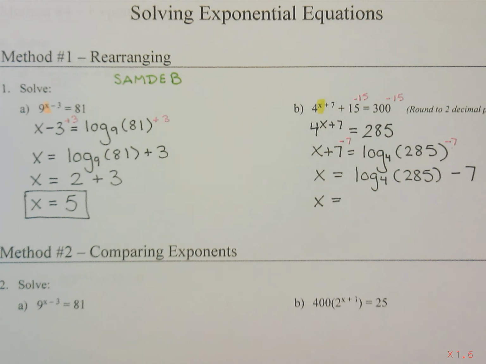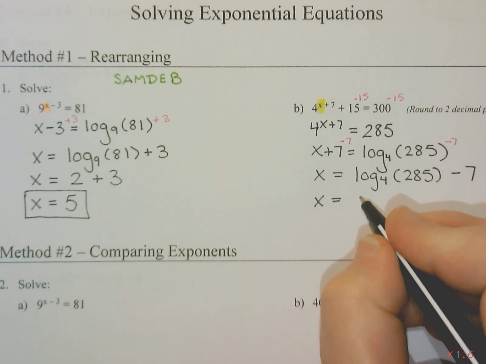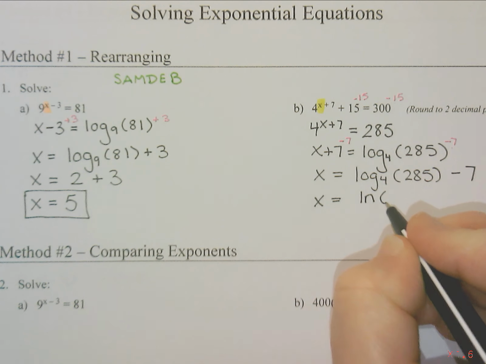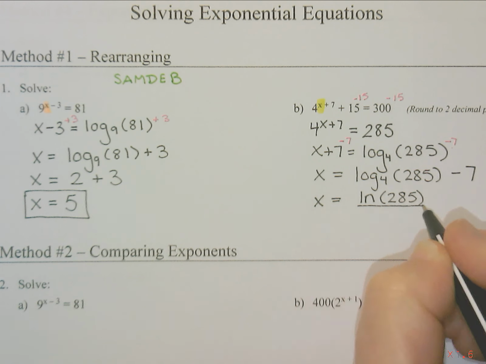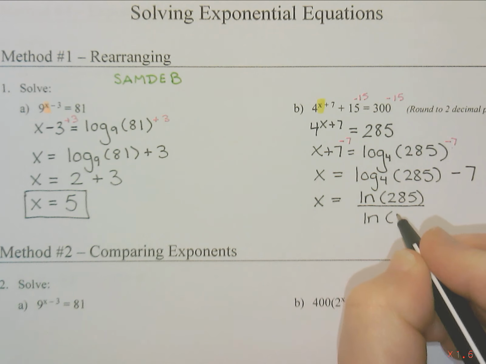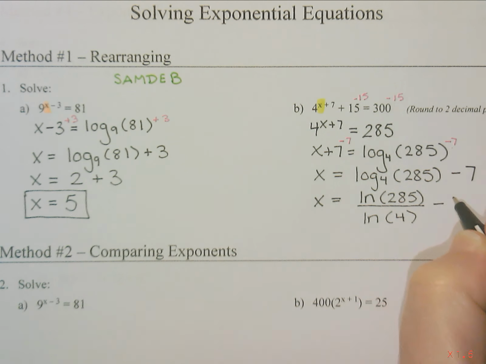So we're going to do either log or ln, depending on what you like better. I like ln. We're going to do ln of our original argument, that's 285, divided by ln of the base, which is 4, and then take away 7. Right, that's just the change of base formula that's on our formula sheet.